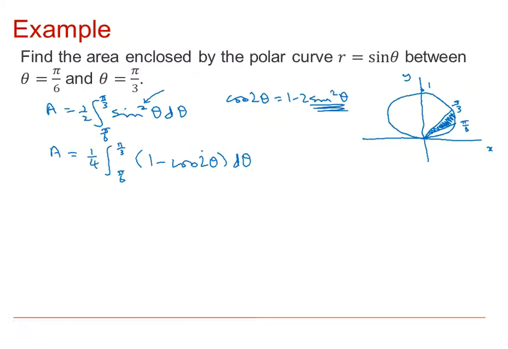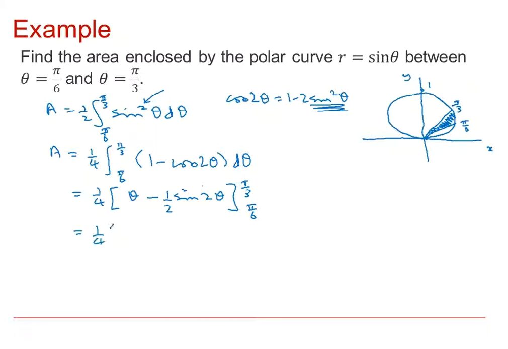Now, because we haven't got a trig ratio which is squared, we can integrate this to get a quarter of theta minus a half sine 2 theta, and notice because we're integrating we need to balance this with a half, from pi by 6 to pi by 3.